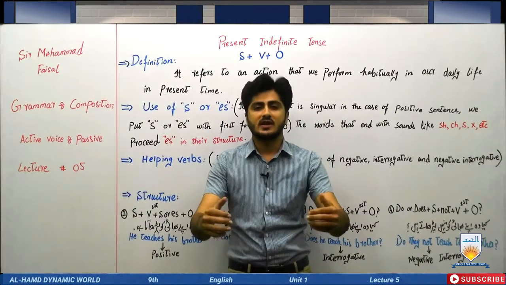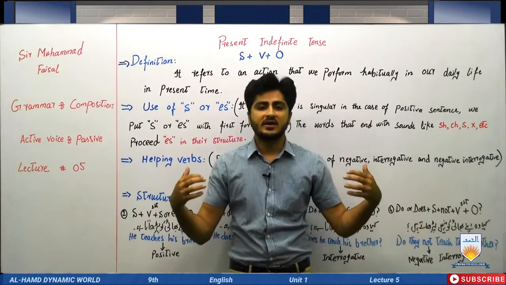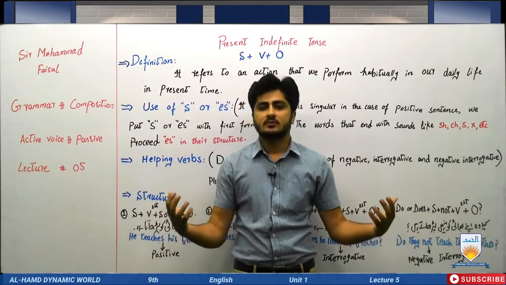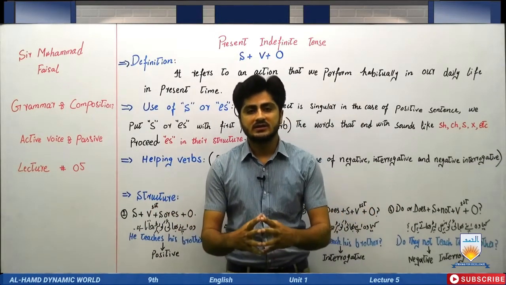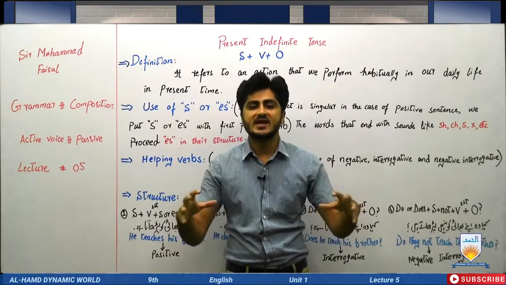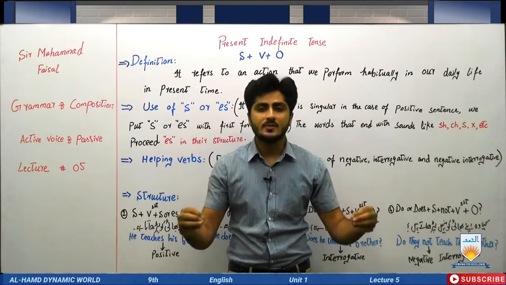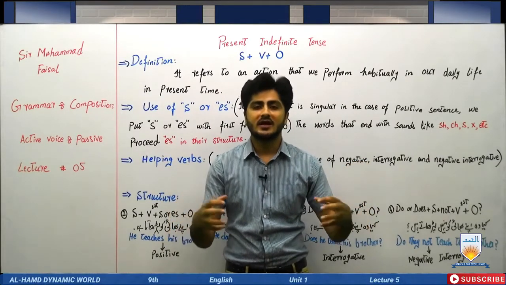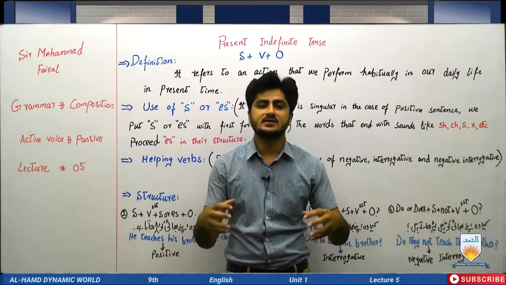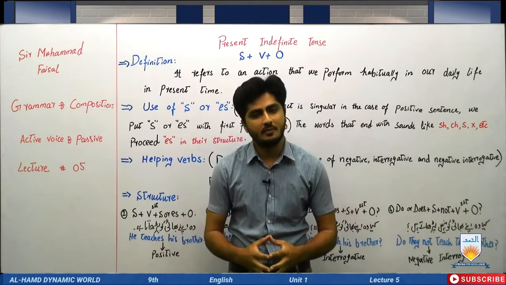And proverbs like a rolling stone gathers no moss, barking dogs seldom bite. So these are the proverbs, adages, which remain the same. So proverbs and universal truths are also included in our today's tense, present indefinite tense, and the actions we perform habitually.